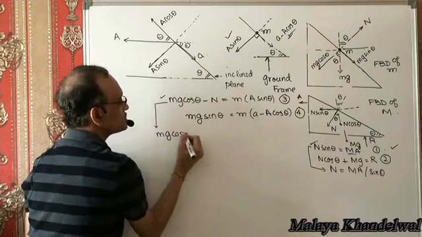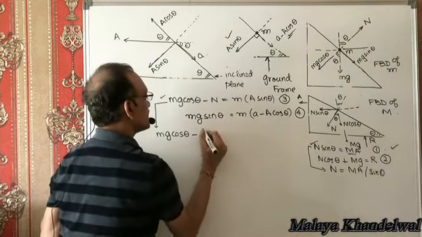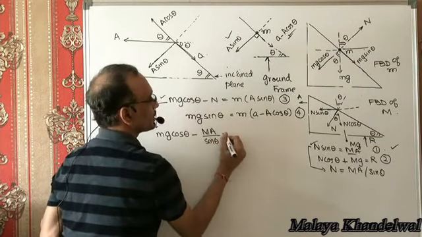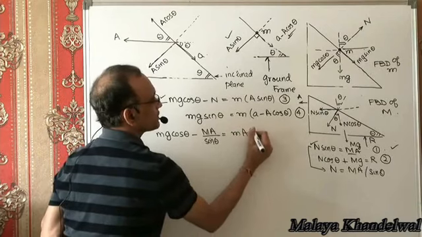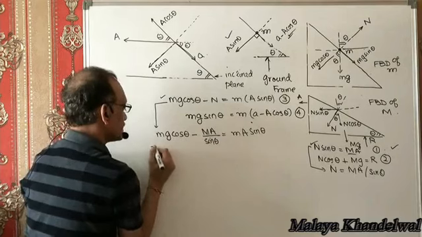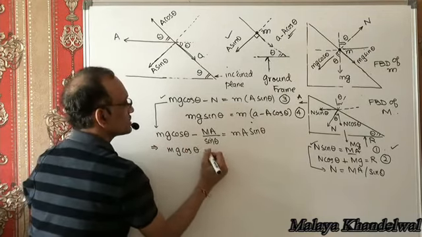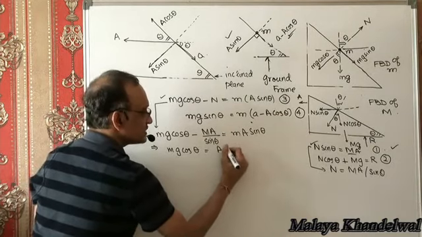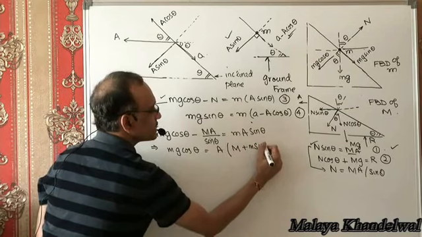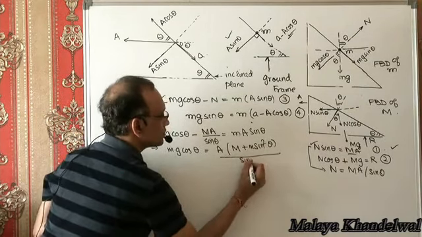So this is mg cos theta minus n, replaced by capital Ma by sin theta, equals small ma sin theta, right? I transpose this on this side. I get mg cos theta equals A into, if I add these two, capital M plus small m sin square theta divided by sin theta, right?